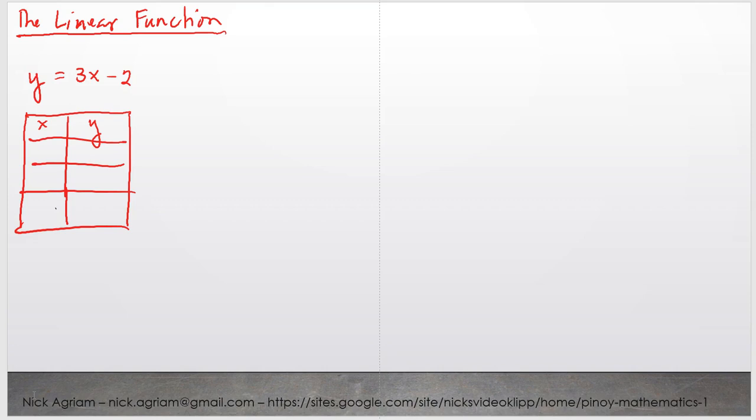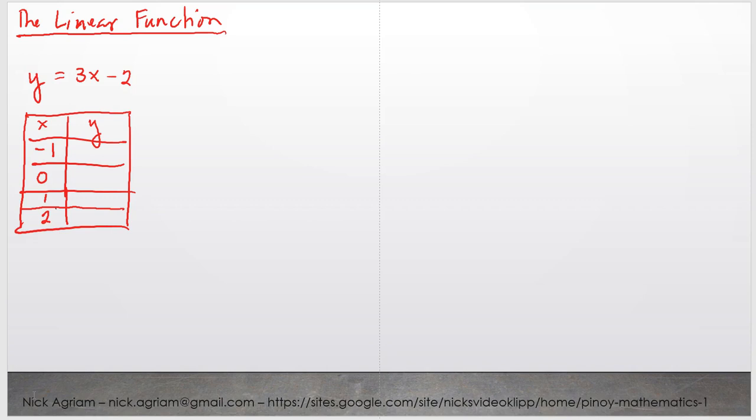But for the purposes that we're not going to graph it, but that we want to have the different values of x and y, then I will give you maybe 4 values. And I always start with the easiest one, 0. And then -1, and then 1, and then 2.